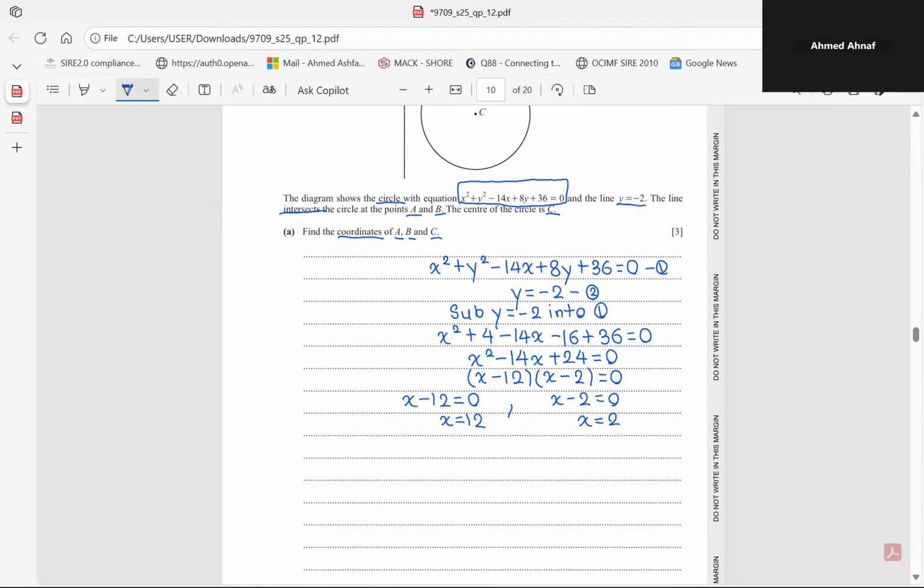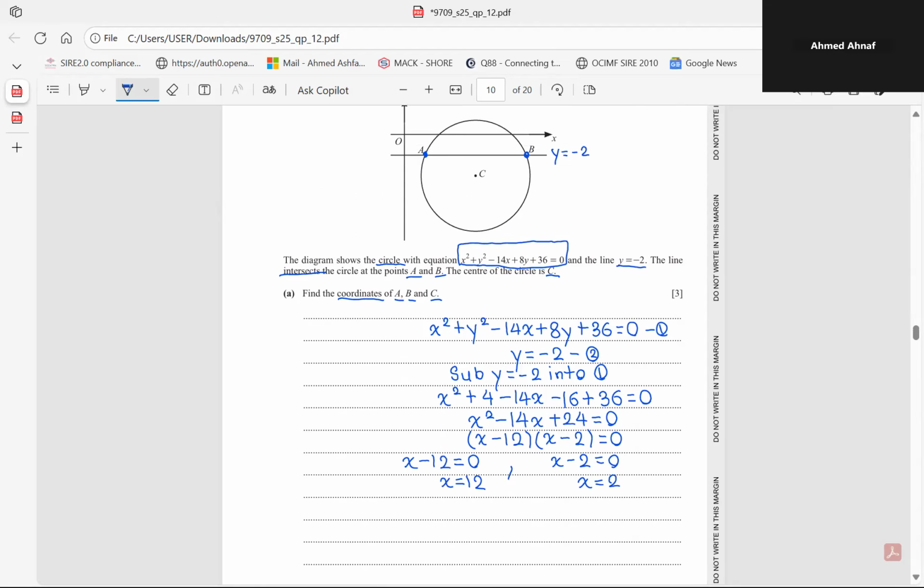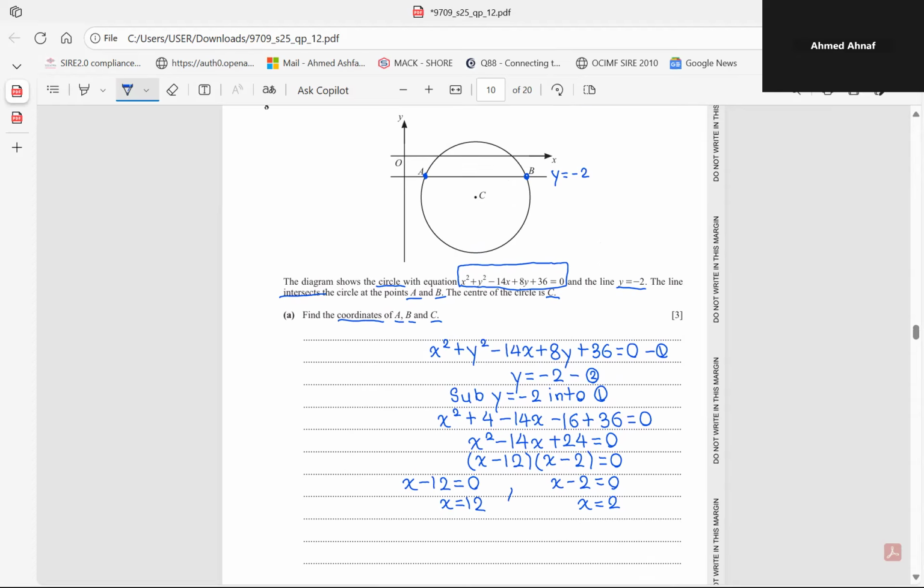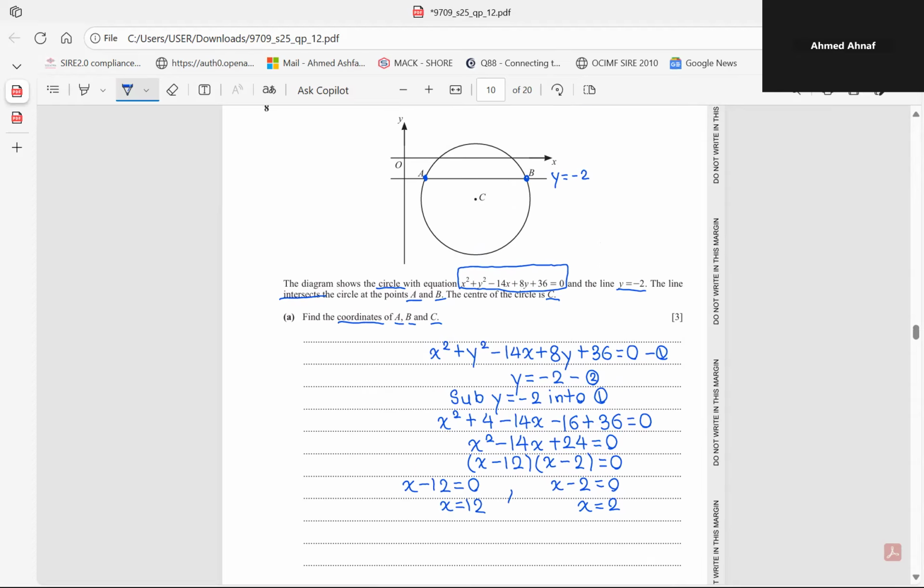Okay, so now we have to find which one is for point A and which one is for point B. So as you can see, point A is closer to the y-axis than point B. So of course, this will have the smaller x coordinate. So this would have the x coordinate 2, and B would have the x coordinate 12. And for both, the y coordinate is the same because they both lie along y equals -2.